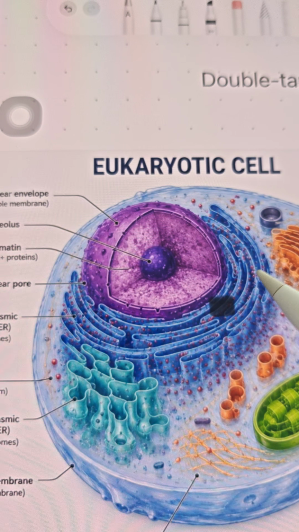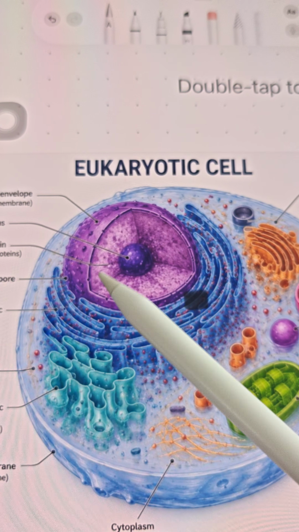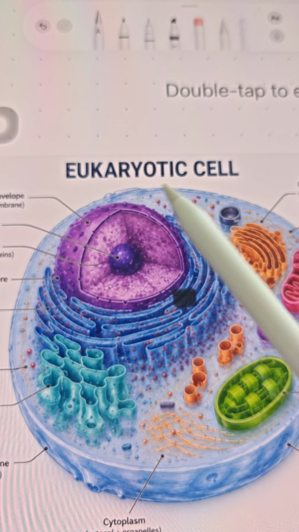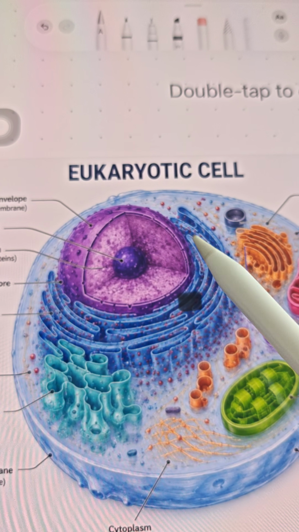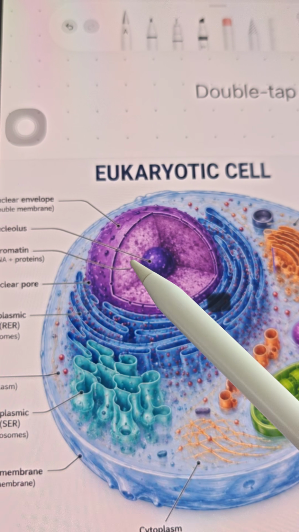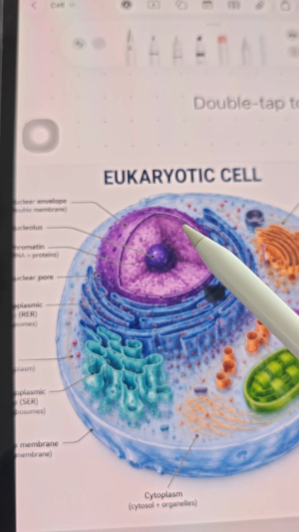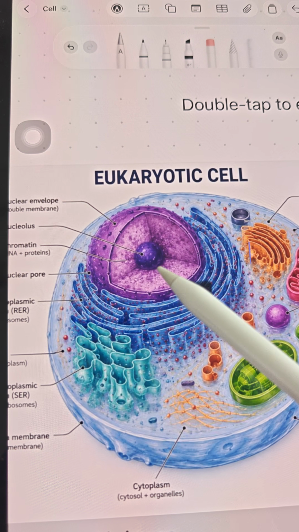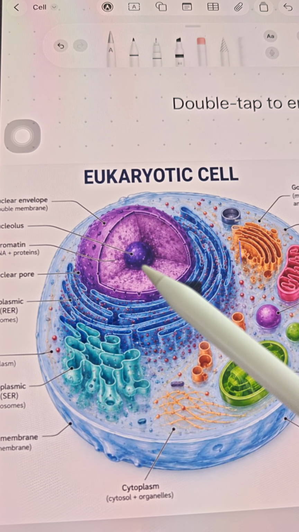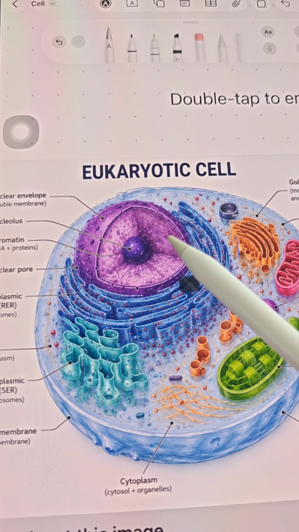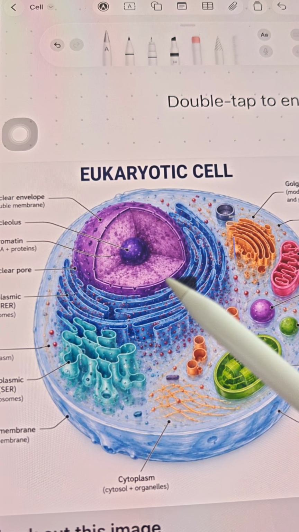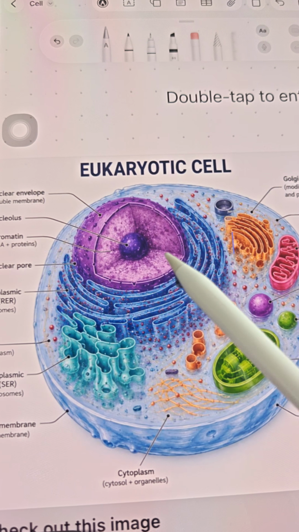That also we will study in detail later on, as now we are focusing just on the eukaryotic cell. Next, the most important, there is the nucleus, not specifically at the center, which is one of the most important parts of the eukaryotic cell and makes it different from the prokaryotic cell.